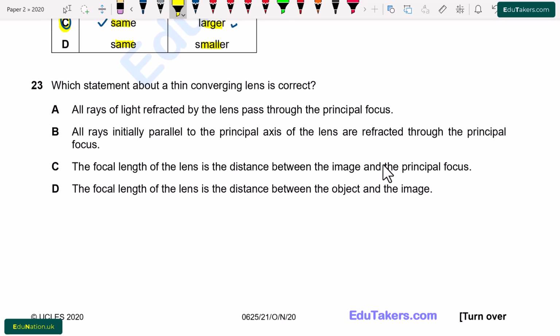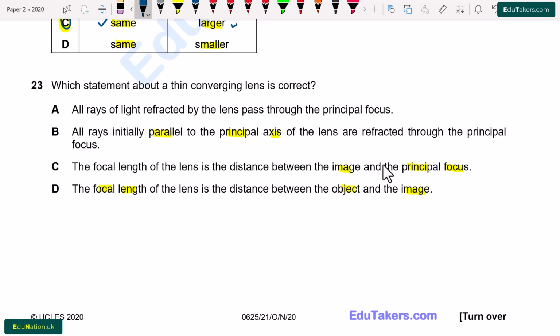B, all rays initially parallel to the principal axis of the lens are refracted through the principal focus. C, the focal length of the lens is the distance between the image and the principal focus. D, the focal length of the lens is the distance between the object and the image.